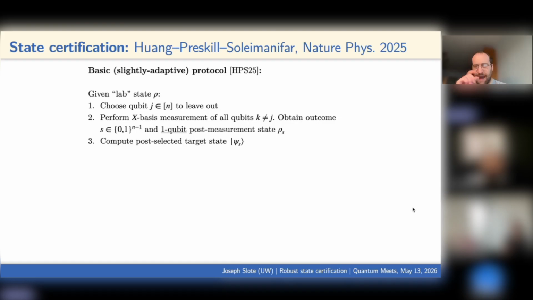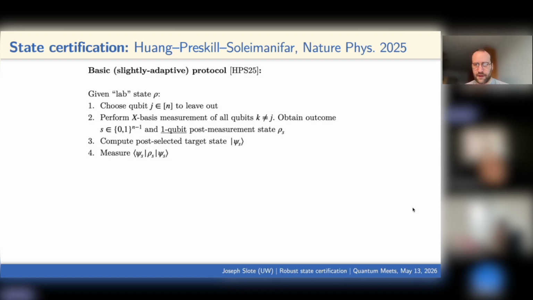Then, you have in your mind what psi you wanted, so you compute the post-selected target state as if you ran the experiment on psi itself. You get the post-selected target state psi sub s, for the same outcome. Again, this is a 1-qubit state. And you simply do the one-dimensional projective valued measurement on rho sub s.